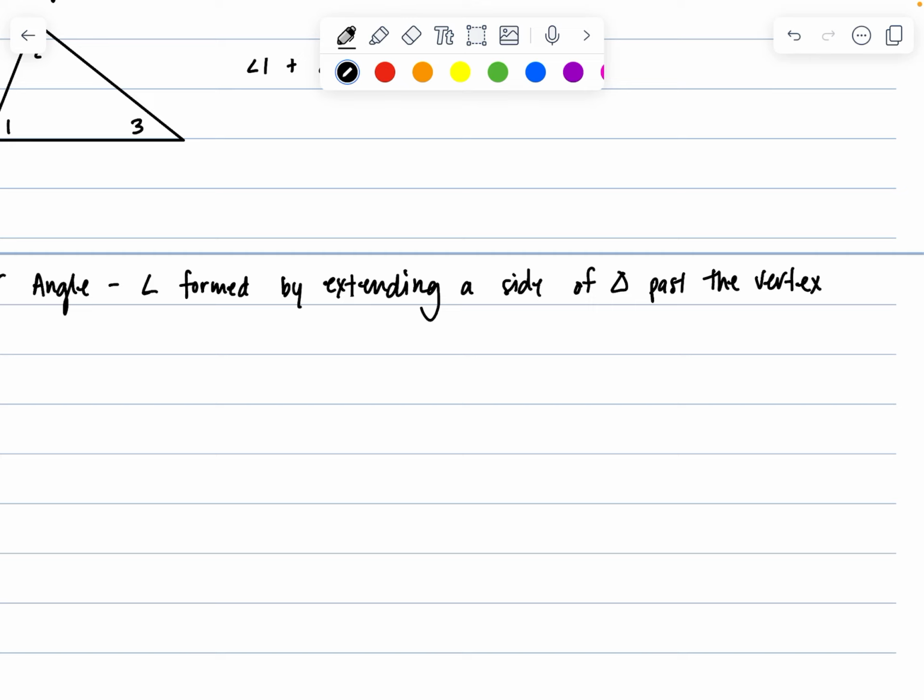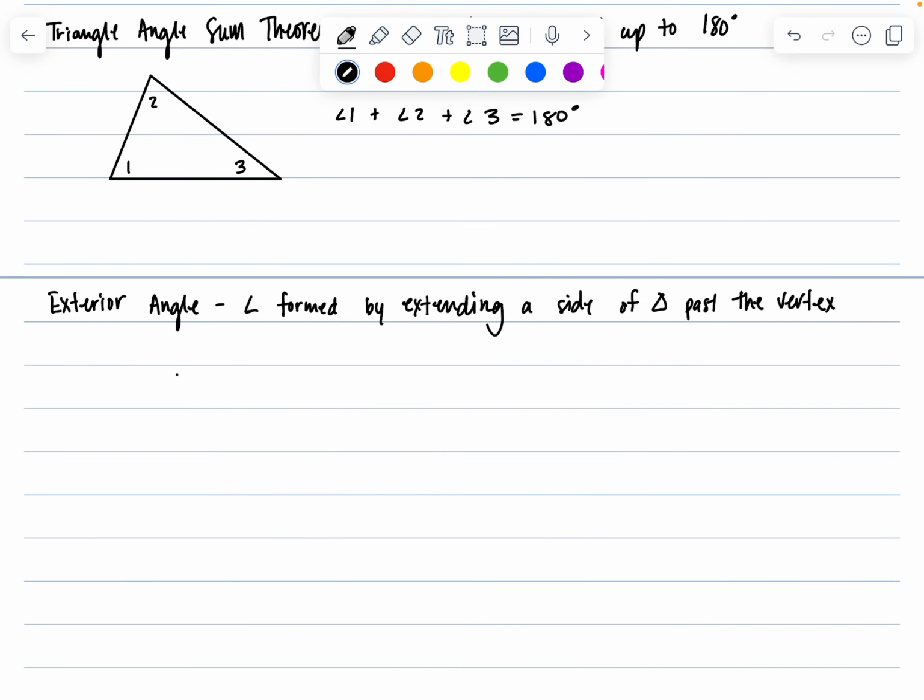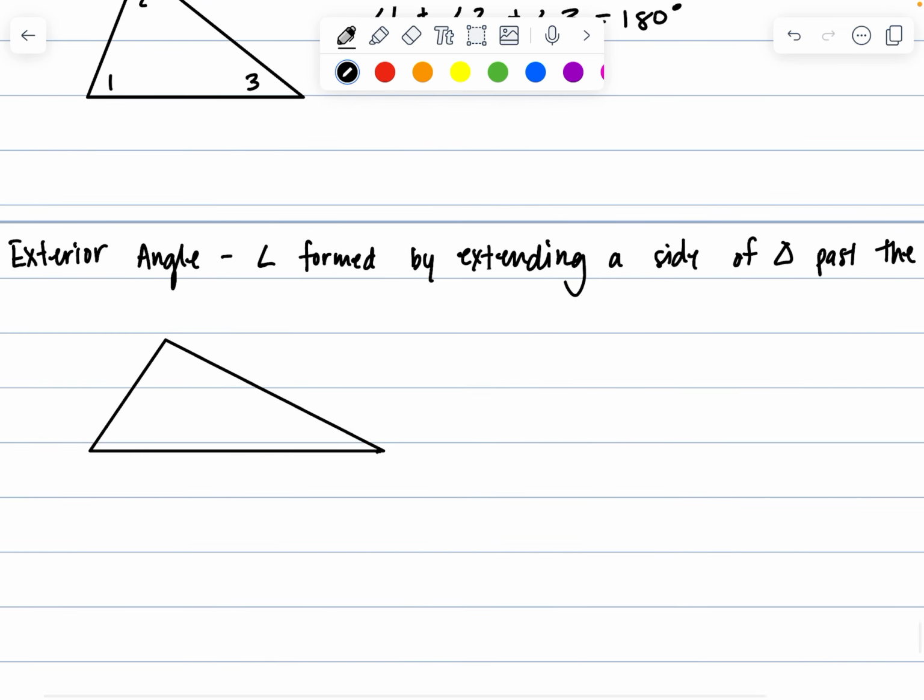And what I mean by that is this. Okay, I'm going to draw another triangle. If, for instance, I extended this triangle past the vertex, the side anyway, past the vertex, here we have an interior angle. And then when you extend it, this is an exterior angle.